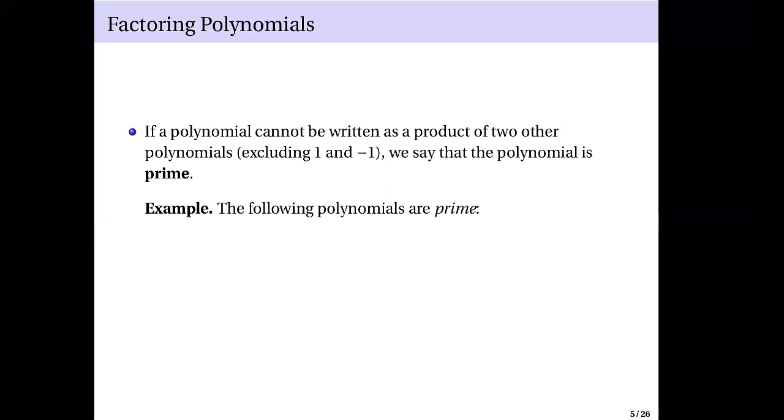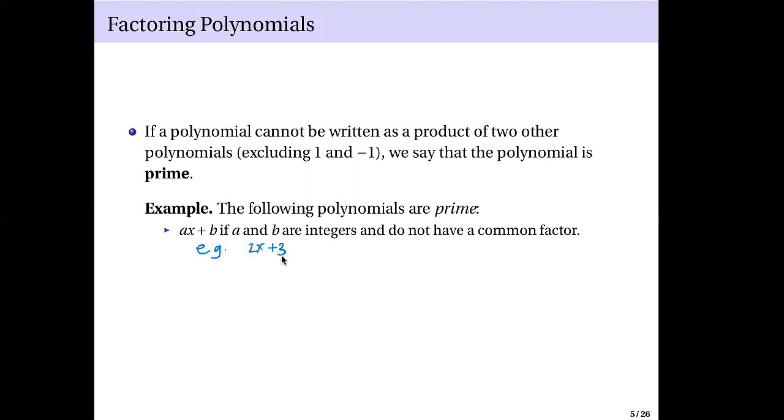So for example, these are some polynomials which are prime. So ax plus b, if a and b are integers and do not have a common factor. Specifically, say you have 2x plus 3. So 2x plus 3, this is a prime polynomial, because 2 and 3 don't have common factors.